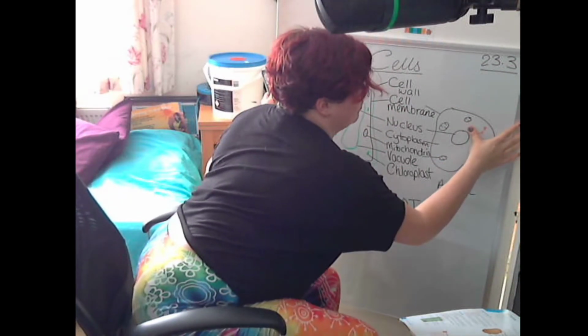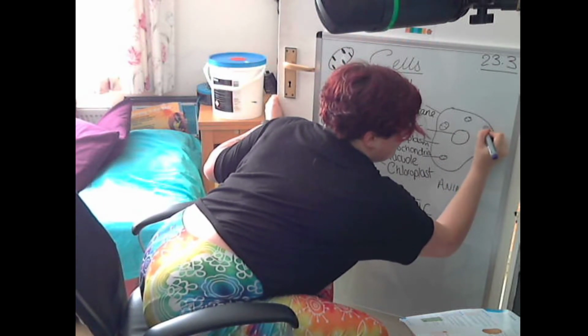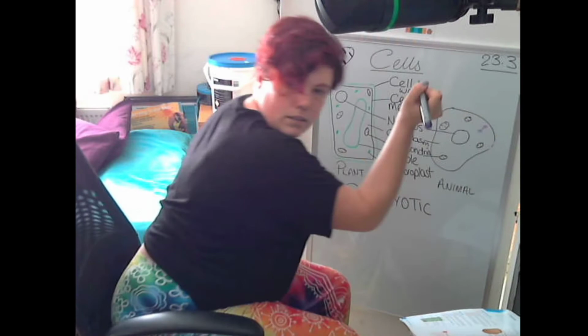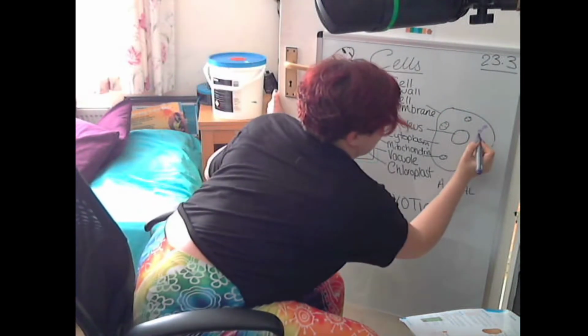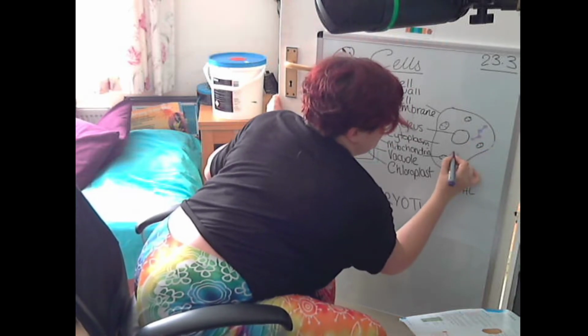I'm just going to change the colour on that so you can actually see it. Can you see the purple? Yeah, purple's showing up, that's better. It looks like a little string of beads.